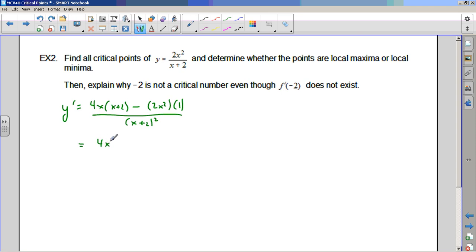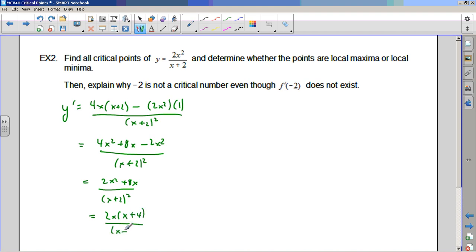here, 4x squared plus 8x minus 2x squared all over x plus 2 squared, and I get, that looks like it can be factored, and it's going to be factored here in a second. 2x out front, x plus 4 in brackets. And so what do I got?